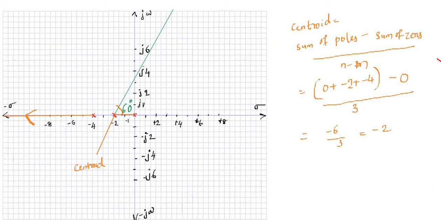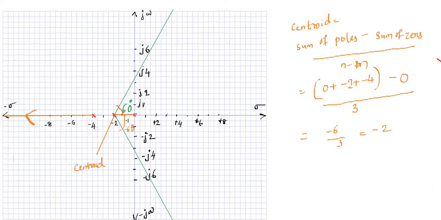Now from the centroid, mark another angle, minus 60, in the graph sheet.